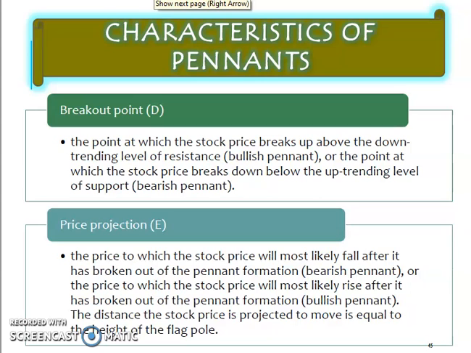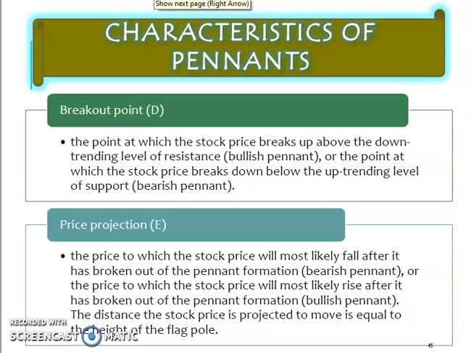The breakout point is either a resistance level or a support level. If the price breaks up through the resistance level, we can predict that the existing trend will continue, upward or downward, depending on the trend. Whereas if it breaks the support level, it signals that a reversal might happen.